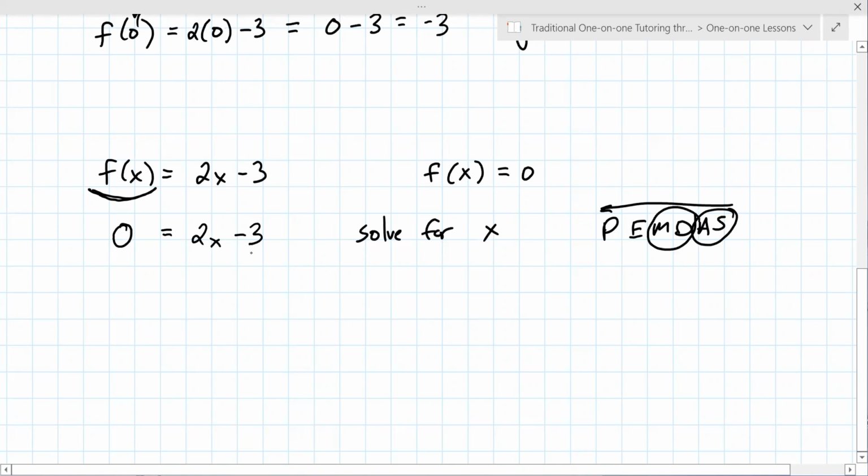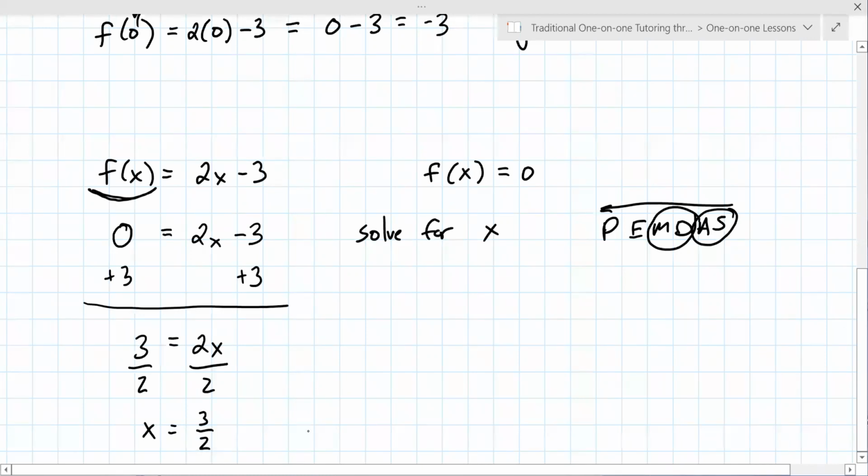So you're going to undo minus 3 by adding 3. So 3 equals 2x. How do you undo multiplication by 2? Divide by 2. So that's 3/2. Now this is the x-intercept.